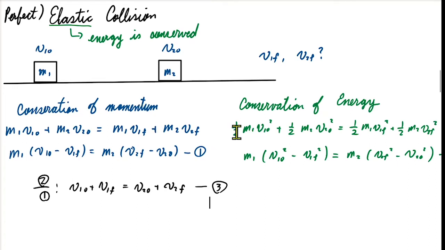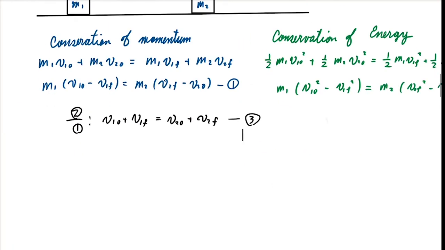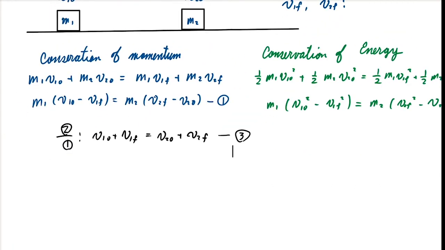You get it? You solve it for one of the two and plug it in, and then you can solve. You want me to do it? Yeah, sure. Which one do you want me to eliminate? V2 original, V2 final or V1 final? Your choice. Fine, V1 final.